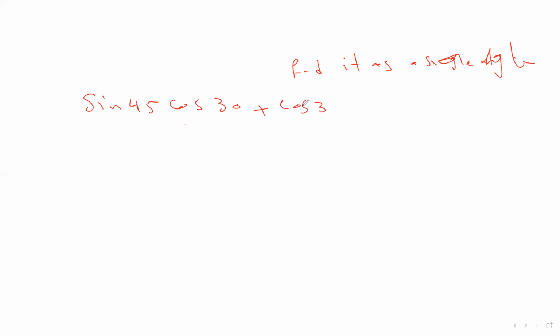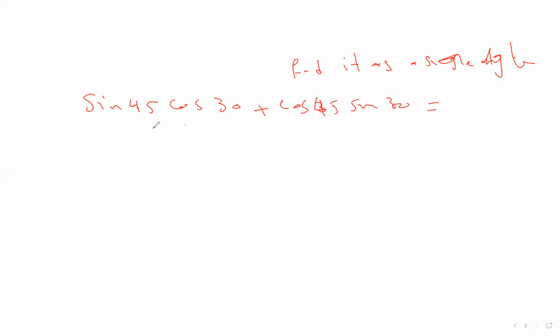Without using a calculator, find the value of sine 45 cosine 30 plus cosine 45 sine 30, as a single angle.